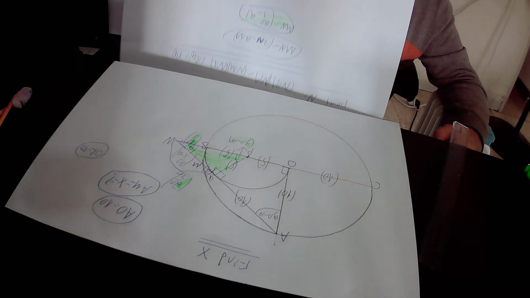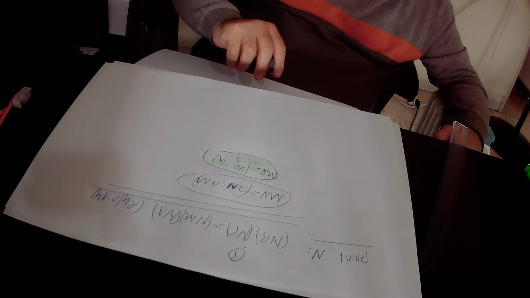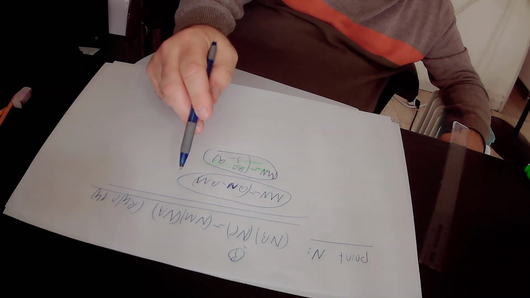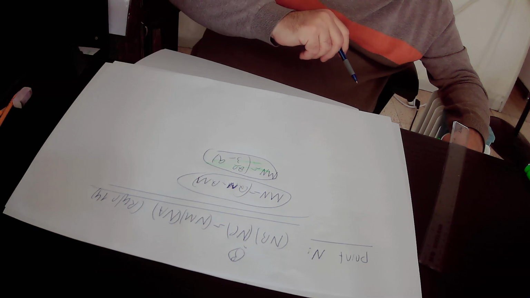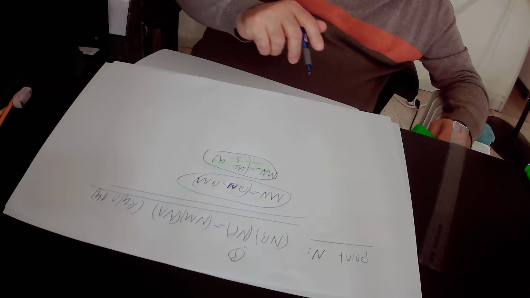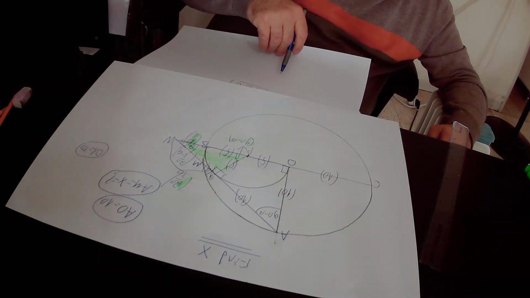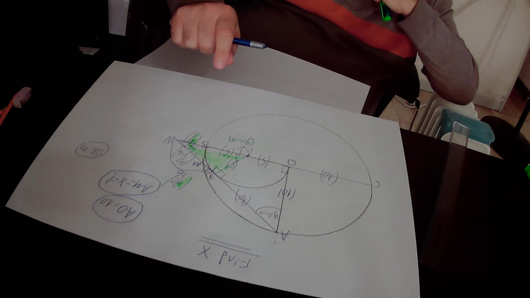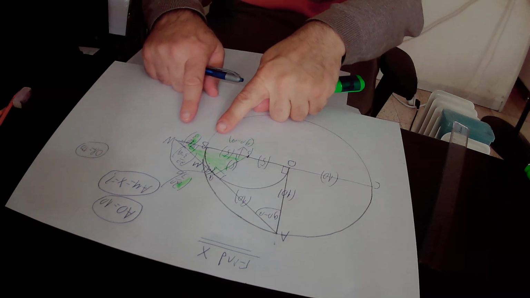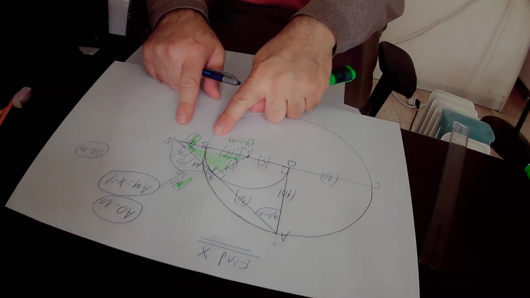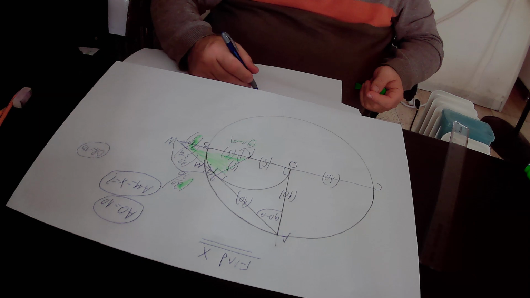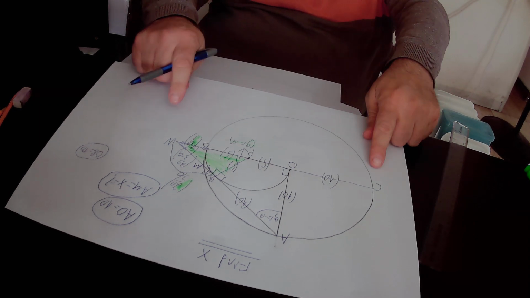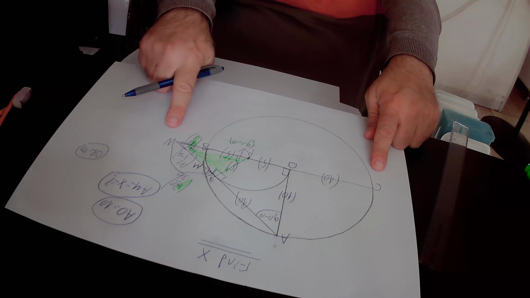Now we return to rule number 14. According to rule number 14, NB times NC equals NM times NA. So what is the length of NB? NB equals 10 over 3, times NC. What is the length of NC?